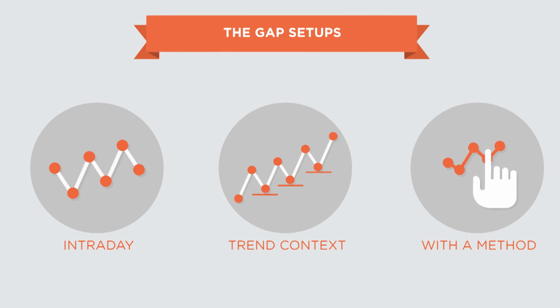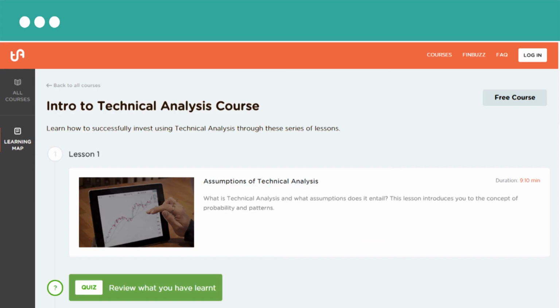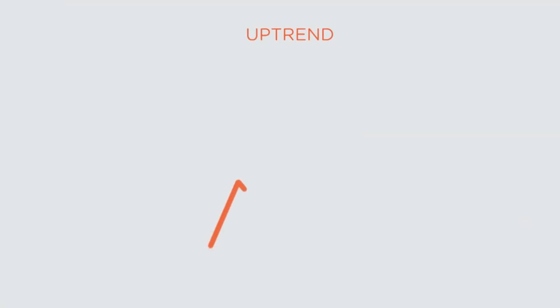Now, since gaps are always used in context of the trend, let's review trend identification really quickly once again. You can find a more detailed explanation in the Intro to Technical Analysis course on tradeacademy.in. Higher swing lows, like in this chart, are what an uptrend is made of. Participants buy on market pullbacks and push markets higher over time.